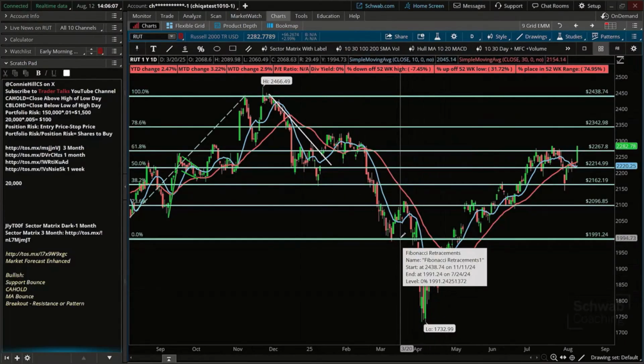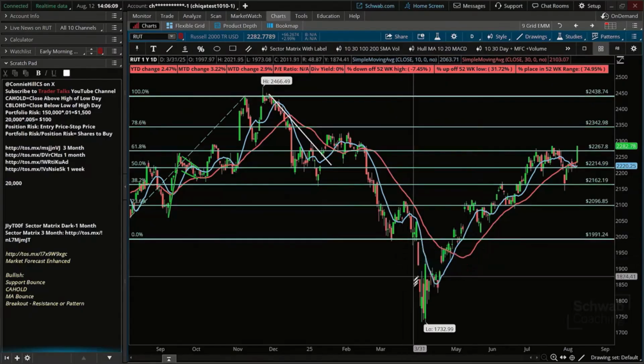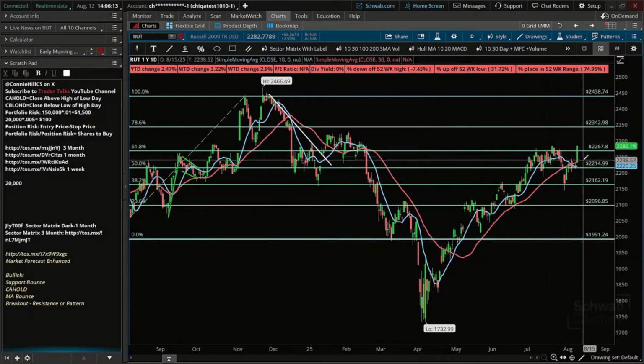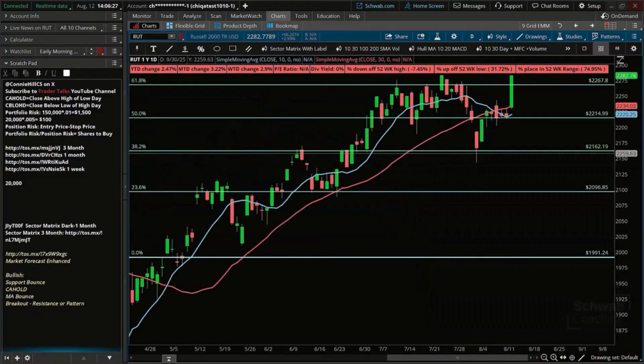It might be worth redrawing this at the lowest point. In any case, it looks like it is above the 61.8% retracement area on the Fibonacci, which could act as resistance on the way up, and hopefully would act as support as the index continues.